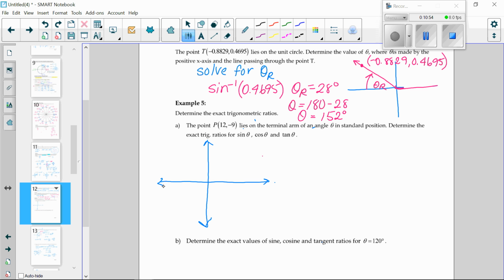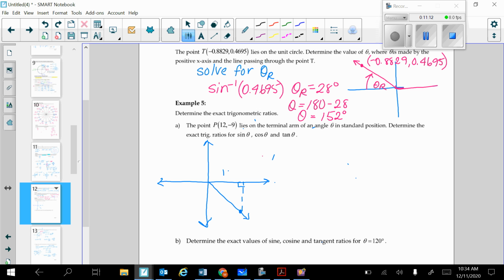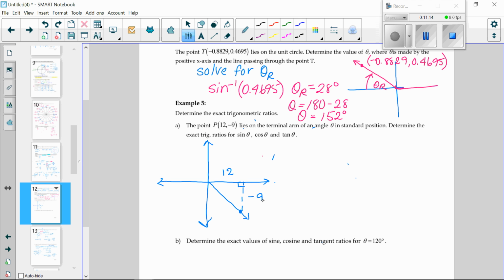So my cos is positive, my sine is negative. So where is that? That's going to be in quadrant number 4. So I'm going to draw my angle. And this gives me 12, and this is -9.